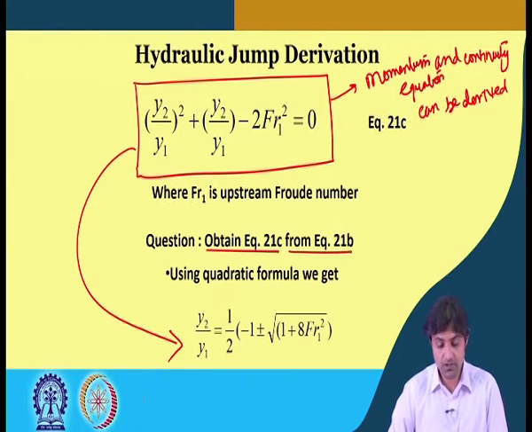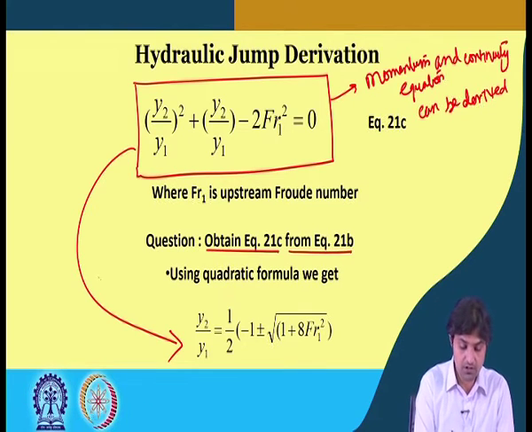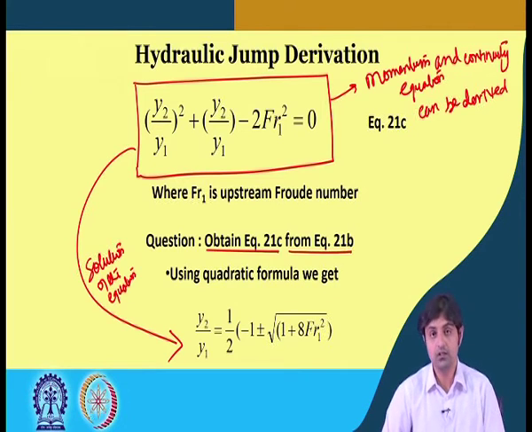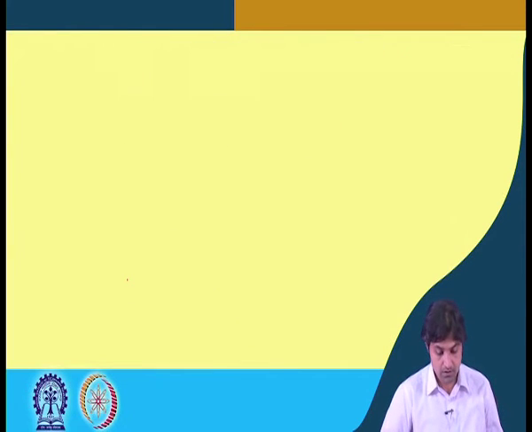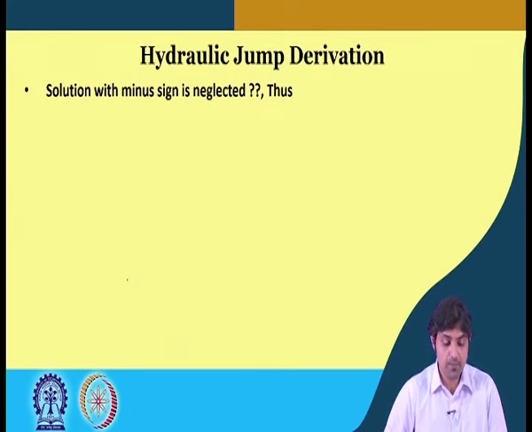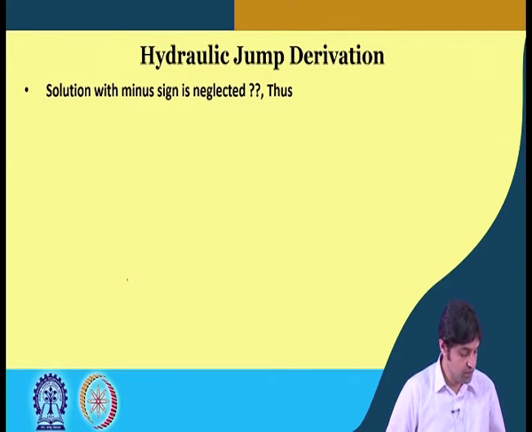So, this is a quadratic equation and this will give us a result y2 by y1 is equal to half into minus 1 plus minus under root 1 plus 8 Fr1 whole square. Okay. So, this is the solution of the equation. So, we neglect the solution with the minus sign.